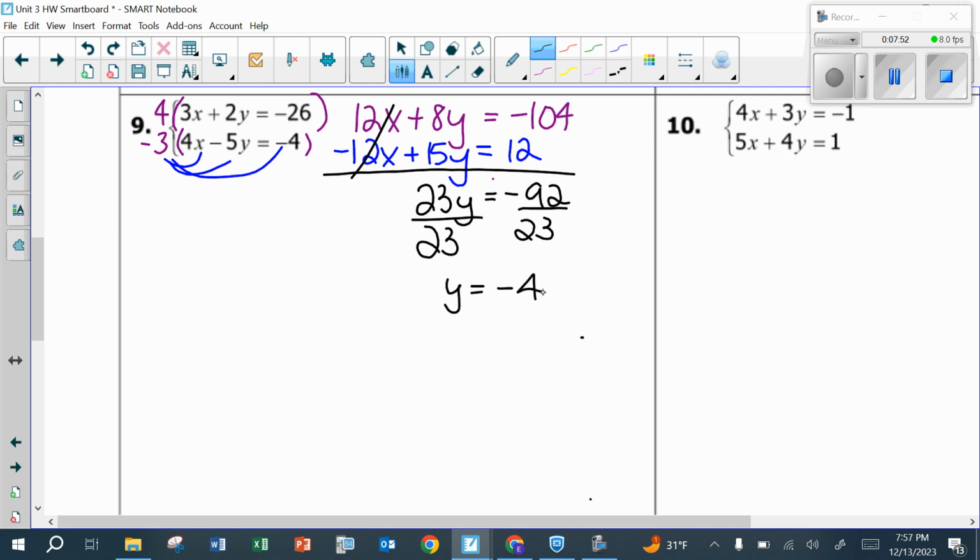So it worked out. And then we plug that y in to either equation. We'll do the top one. So I'm just taking my negative 4, plugging it where y is. That's all I'm doing.